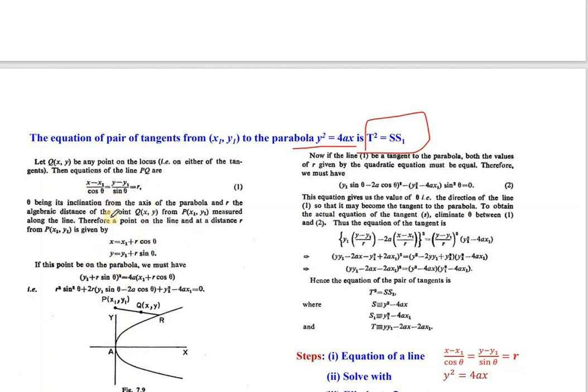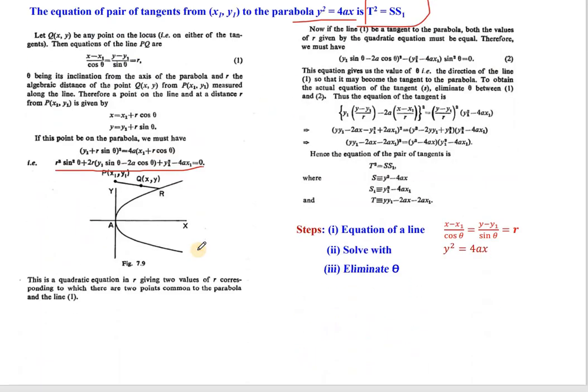Now from this we can get x as this and y as this. Now this point will lie on the parabola, since we want this to be a tangent to it. Therefore we have to replace our y and x by these two quantities. On simplification we can get this as a quadratic equation in r.